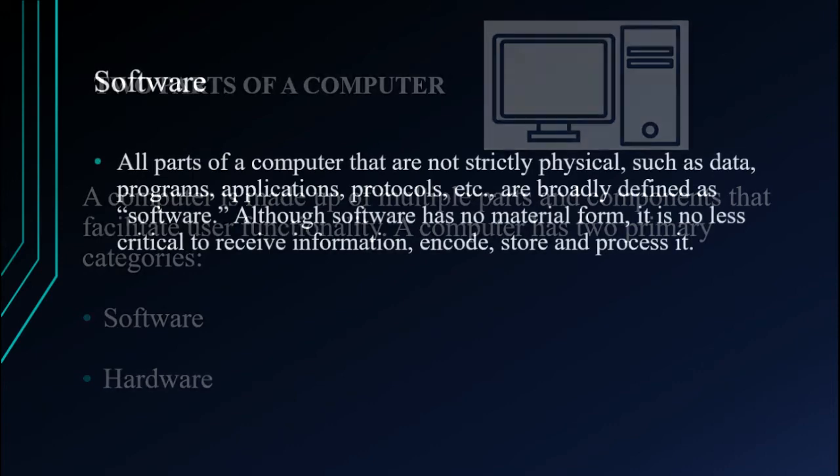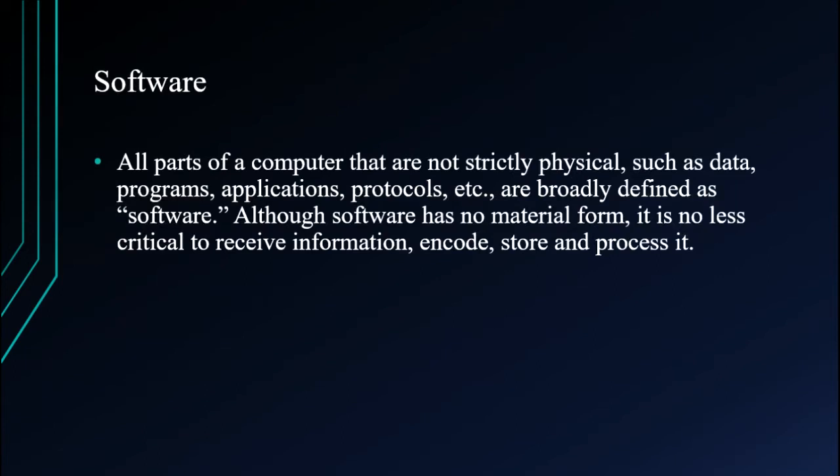For our software, which we'll discuss later in chapter 3, I will explain what software is. Software is all parts of a computer that are not strictly physical, such as data, programs, applications, protocols, and many more.